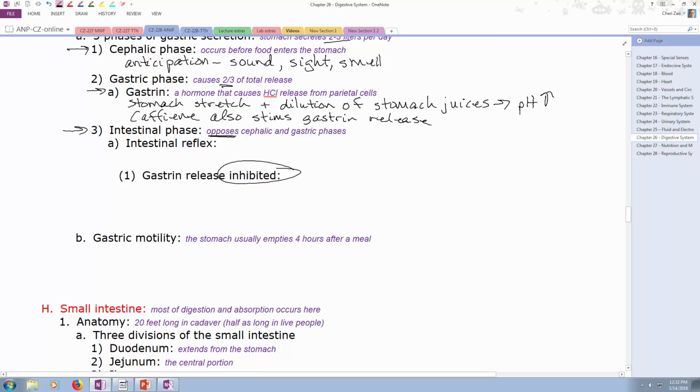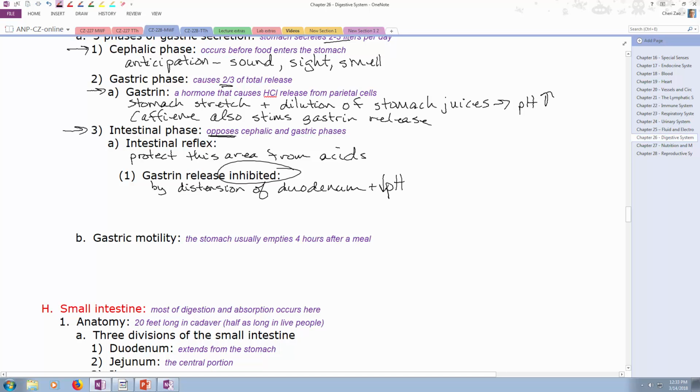So let's take a look here and add some notes. We need to protect this area from acids. Also, we're throwing in our activated protein digesting enzyme. And so this release is inhibited by distension of the duodenum, because that's where we are now, which is the first part of the small intestine, and the low pH that is now entering in here.